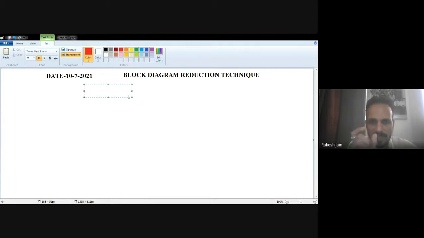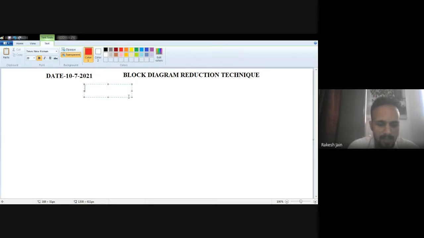As the name implies, reduction means decrease. The complex diagram will be simplified, and then we will find what is asked in the questions, like the transfer function.